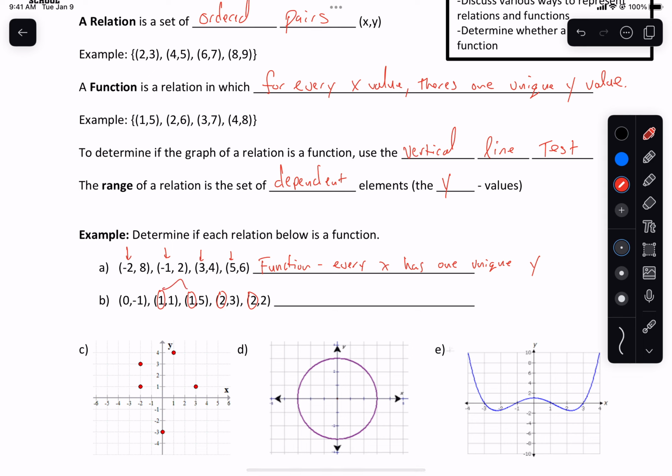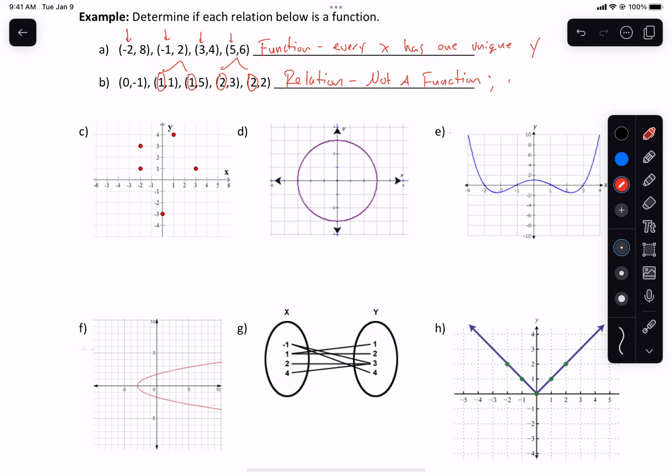So because I have these two 1s and the two 2s for x values and different y values associated with it, it's not a function. So if you needed further explanation, you can write this or not for yourself: there are multiple y values at x equals 1 and x equals 2.